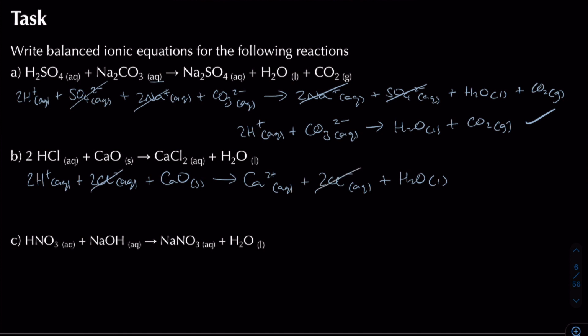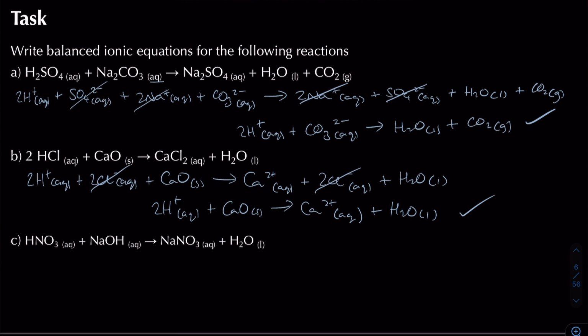So I've got 2 lots of chloride ions over here, and that's pretty much it. Can't really cancel anything else, and so I end up with the following. And then there's my products as well. And that's a simplified ionic equation for the reaction between hydrochloric acid and calcium oxide.